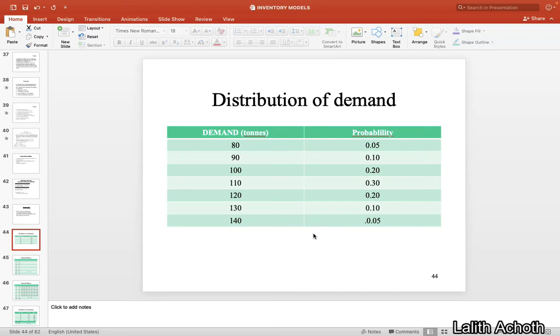Any trader would have, based on historical data, been able to estimate that the demand was 80 tons per annum, and that happened in 5% of the cases. 90 tons per annum happened in 10% of the cases. 100 tons per annum, 20% of the cases. 110 tons per annum, 30% of the cases. 120 happened only in 20% of the cases. 130 happened only in 10, and 140 only in 5. So he has this information. This is the empirical data that he has. Based on this empirical data, the single period model can be analyzed in this fashion.